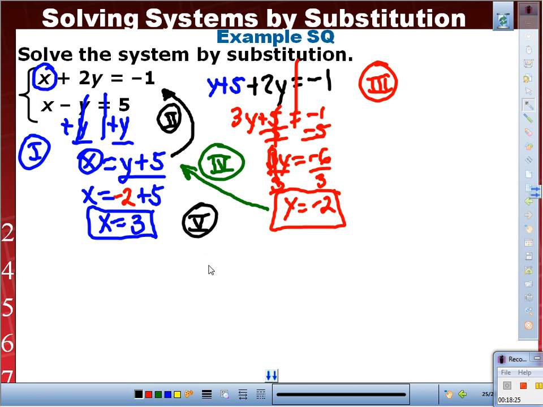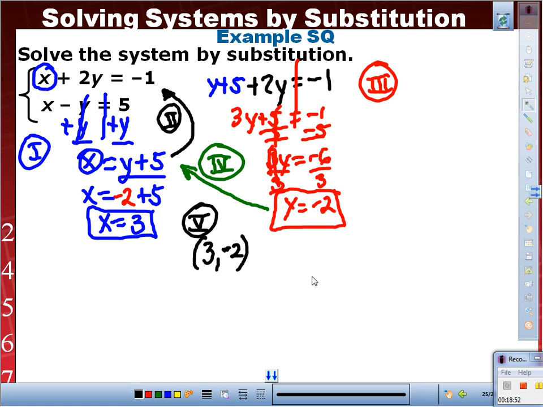Andrew. 3, comma. Okay, what is that called? Write the coordinates. That is correct. Hands if you got it to right there.